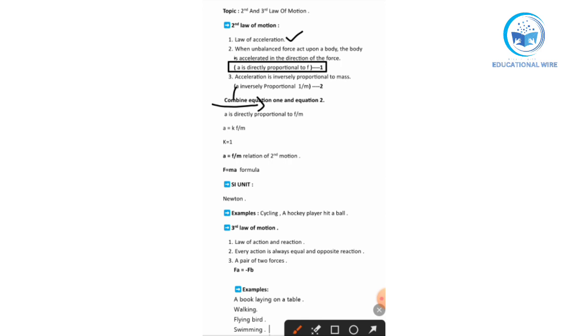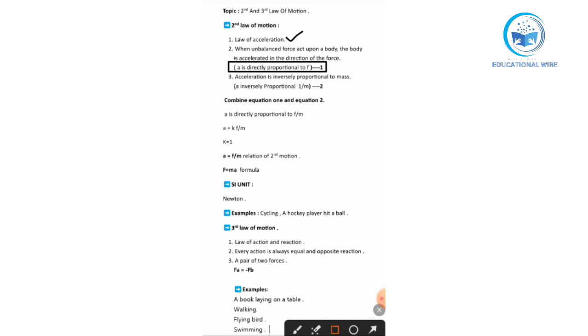Like we put the force here, that is F. The body has a mass M, and it is accelerated. Now this mass is inversely proportional to the acceleration, because the unbalanced force is put on a mass. We don't know what the mass is, so it is inverted to the acceleration. When it is inverted, acceleration is produced. So that's why acceleration is inversely proportional to its mass.